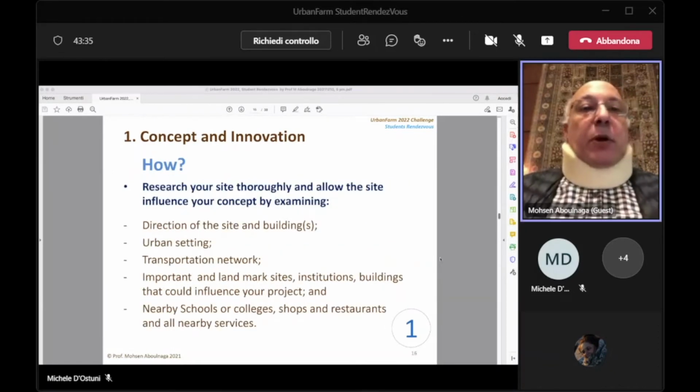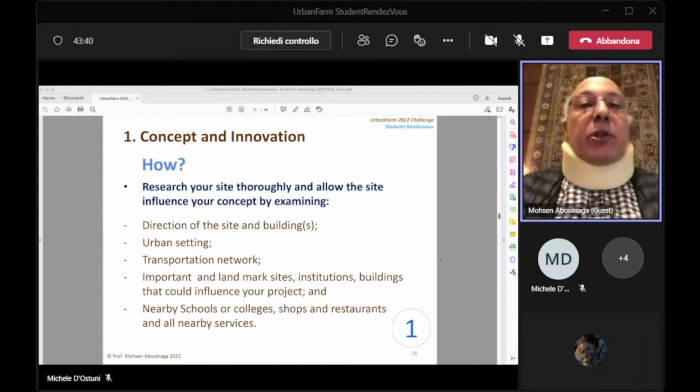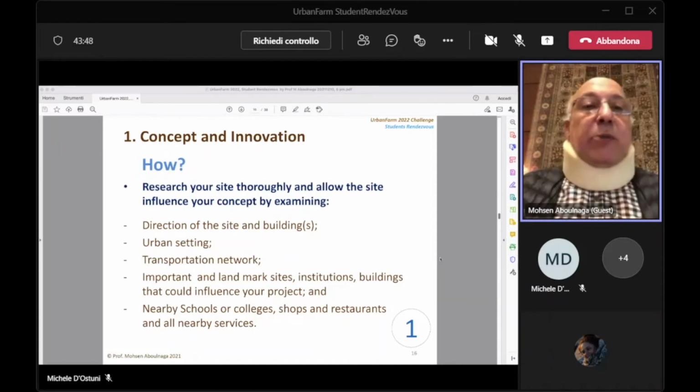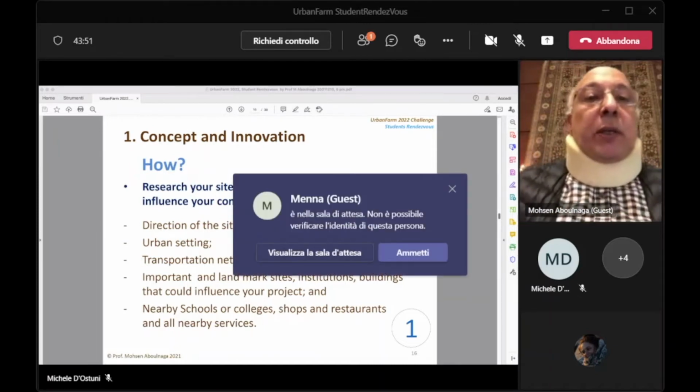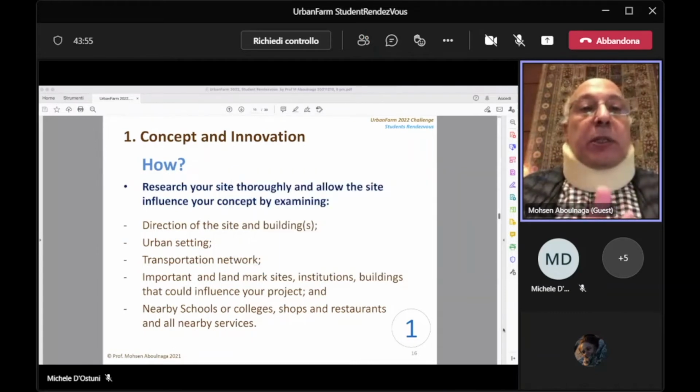Next, also research your site thoroughly and allow for the influence on the concept by examining the direction of the site and buildings, urban setting, transportation network around the site, how people will reach out and reach in, and then important landmark sites, institutions, buildings that could influence your project, as well as nearby schools and colleges, shops, restaurants, and all nearby services, because you need to integrate your project.